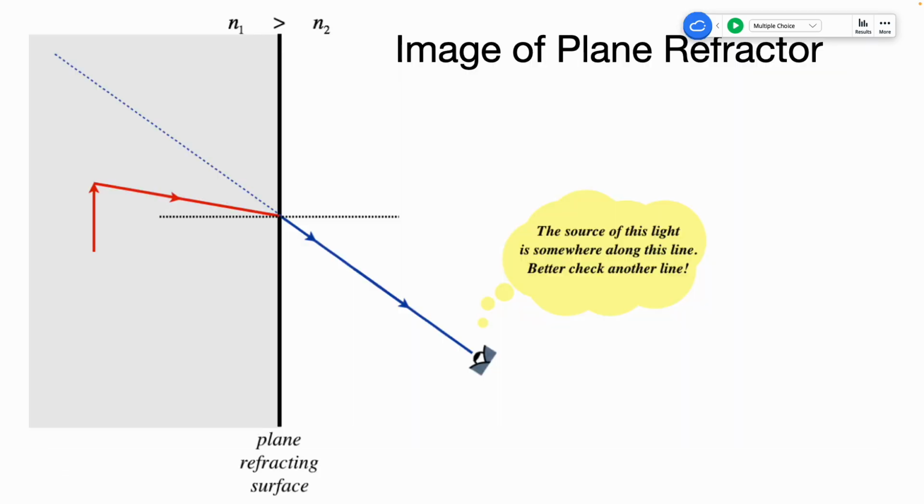A plane refractor usually has refractive index bigger than 1, so light is slower. When light goes from slower to faster, it bends away from the normal line. Your eyeball doesn't know the light was bent. It will think that the light comes from somewhere along this dotted blue line.